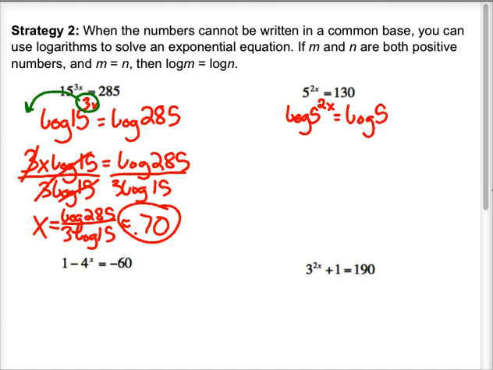Oh, not 5, 130 should go over there. And again, what logging this does for me is it lets me take the exponent and bring it down as a multiplier. So I can bring this 2x out front.